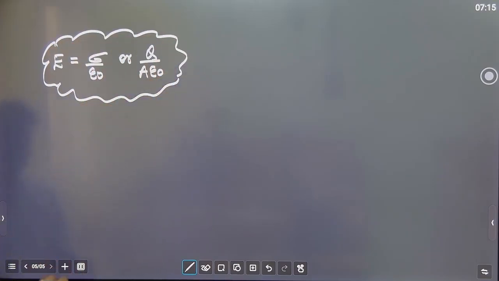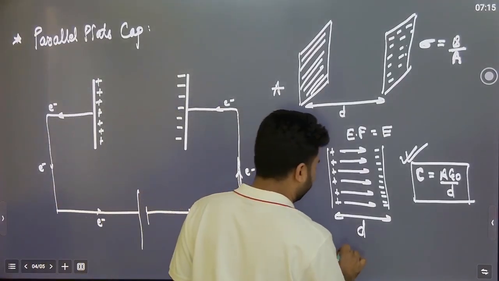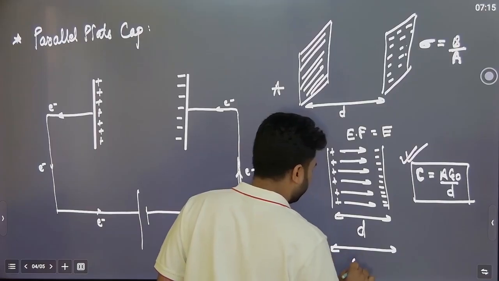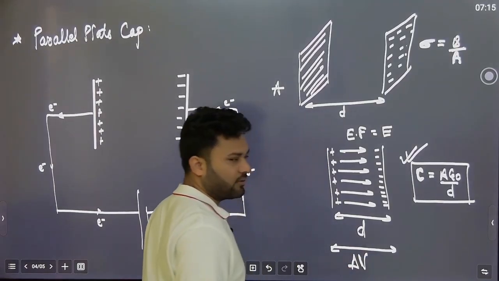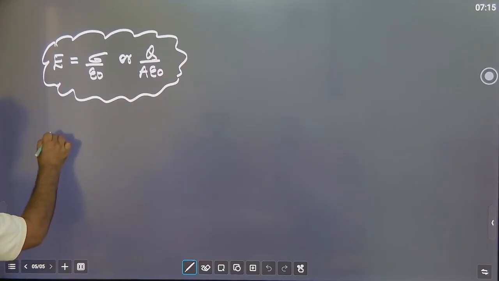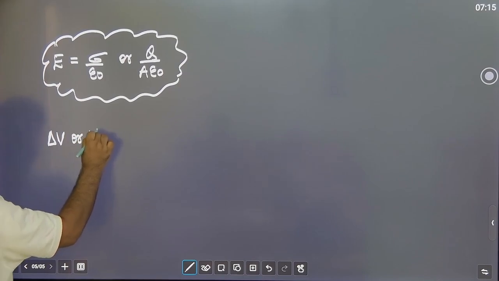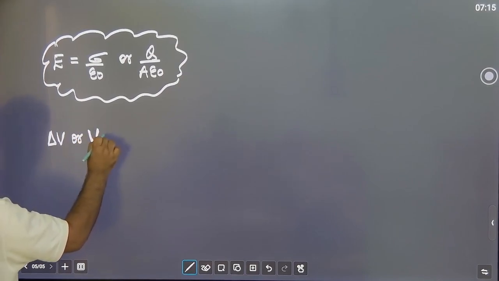If someone asks what is the voltage difference between the plates of the capacitor, remember this word, voltage difference, or directly we write V. V means voltage difference.